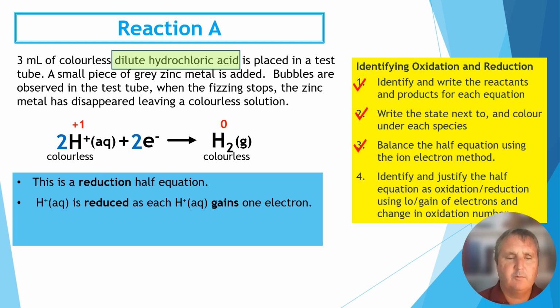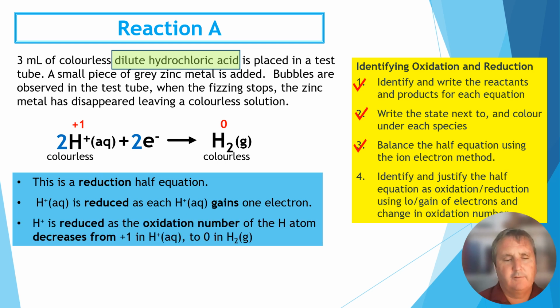We can state this, but we're actually going to be more detailed here. We're going to state the following: H+ is reduced as the oxidation number of the hydrogen atom decreases from +1 in H+ to 0 in H2.